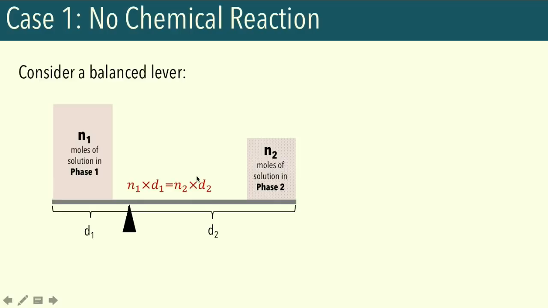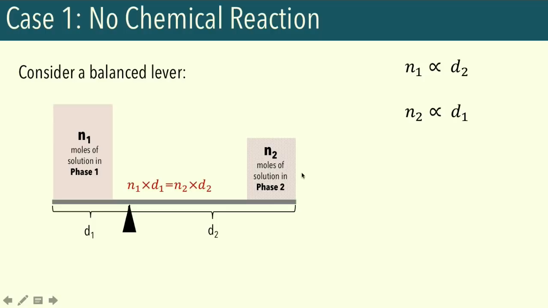Note that in terms of direct proportionality, the heavier weight N1 is going to be proportional to the opposite distance, so N1 will be directly proportional to D2. We also have the corresponding relationship of N2 and D1.